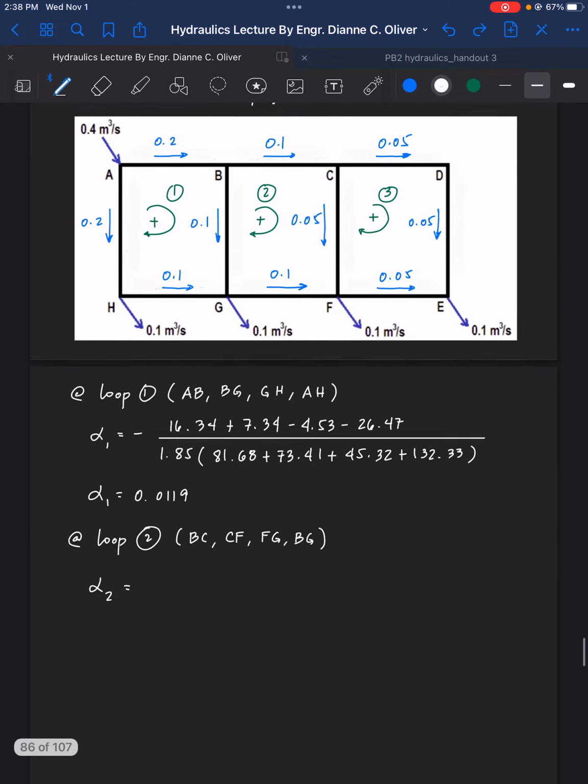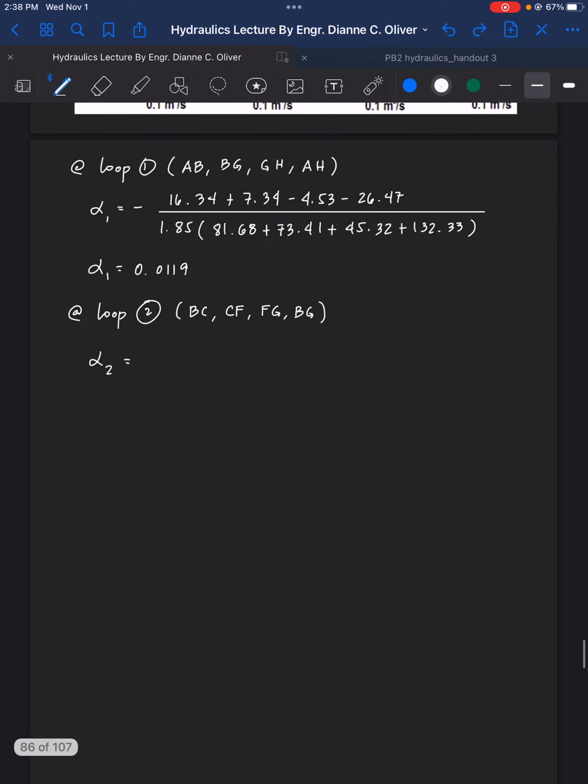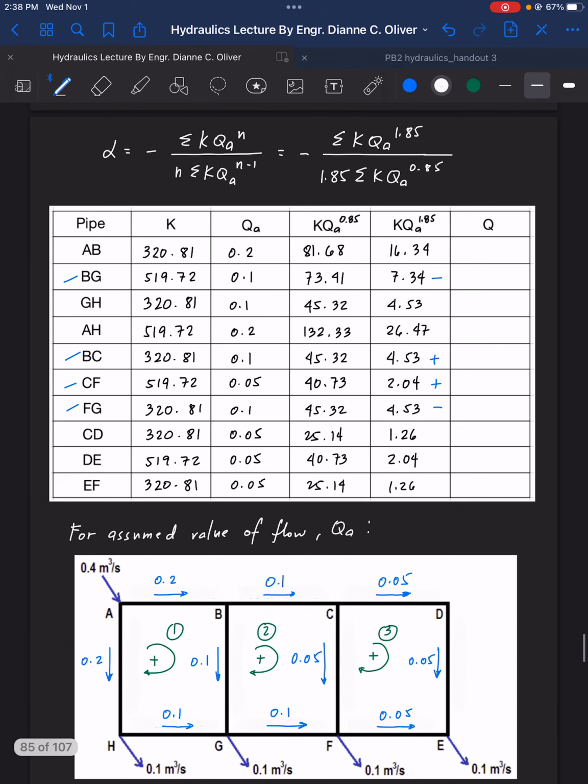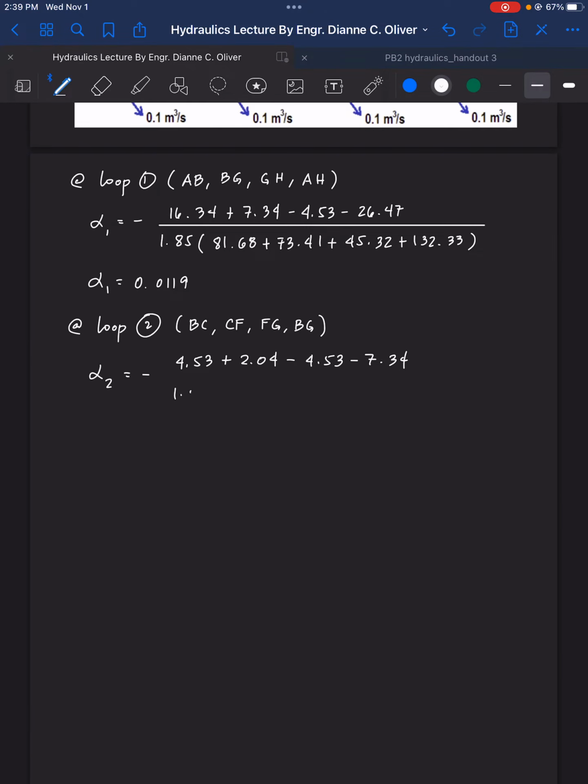So for those values, we have negative 4.53 plus 2.04 minus 4.53 and minus 7.34, over 1.85 times 45.32 plus 40.73 plus 45.32 plus 73.41.